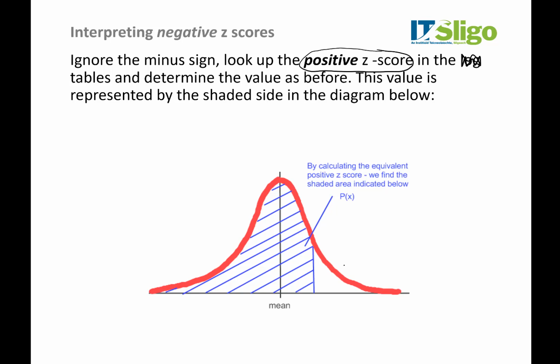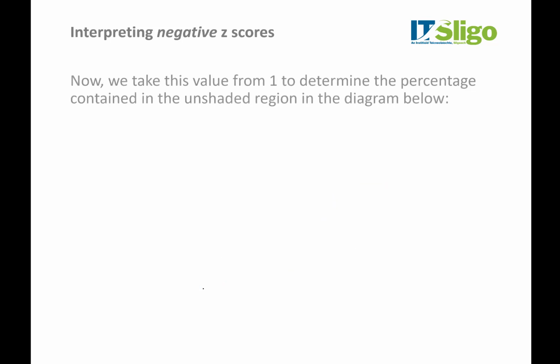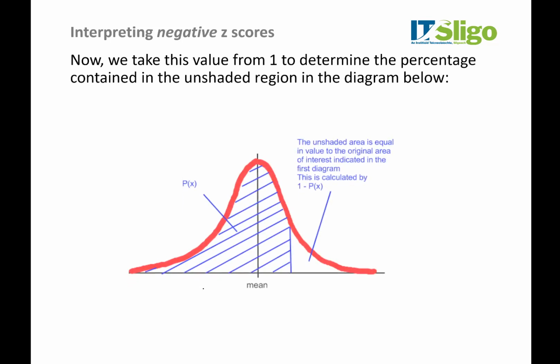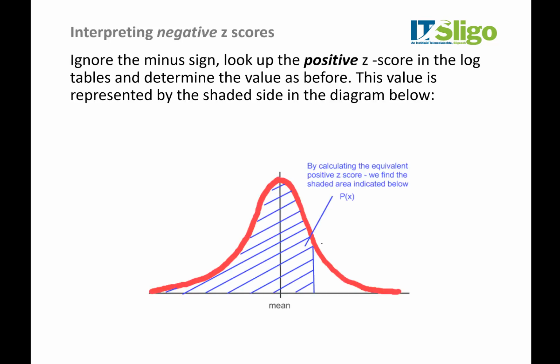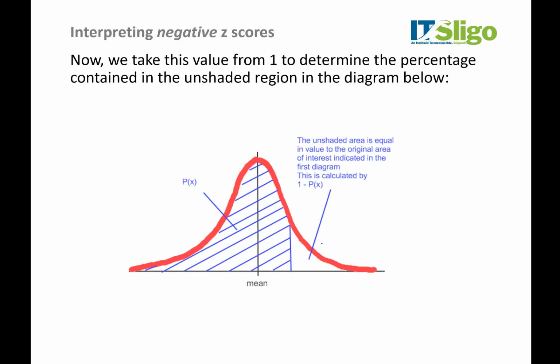Now, because of symmetry, this area here is the exact same area as the area we were interested in on the previous slides. So we take this value, so we want to find this unshaded area. The tables will return this value, the probability of x.